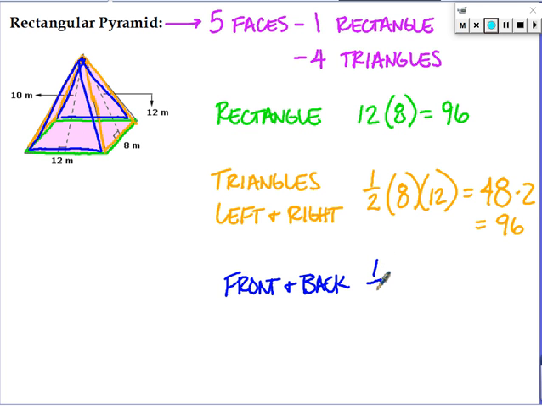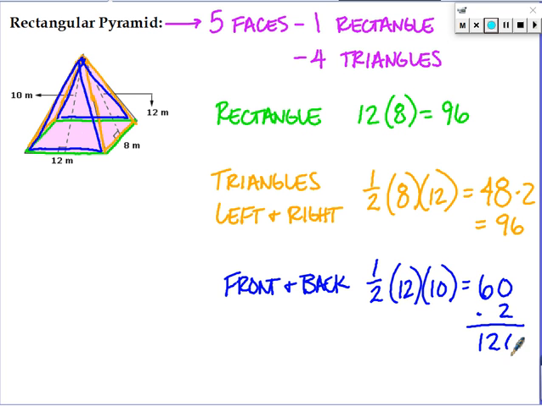Their base is 12 and their height is 10. So that's going to be 60. So the front and the back are both going to be 60, so we're going to multiply this by 2 to give me a total of 120 for those triangles.